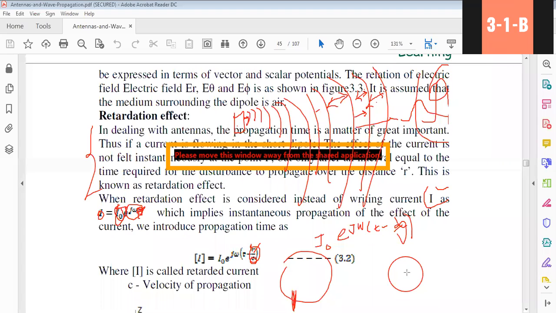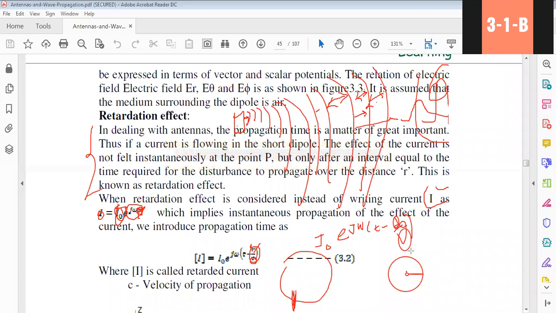For suppose this is the antenna here, and the distance is considered as r. That's why here distance d is always represented with r. Okay, what is the velocity in free space? In free space, what do we say, light velocity, 3 into 10 power 8.